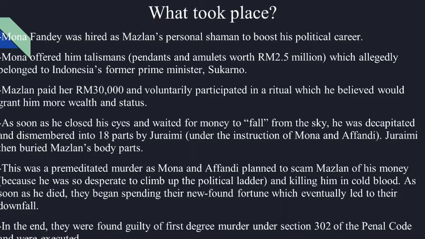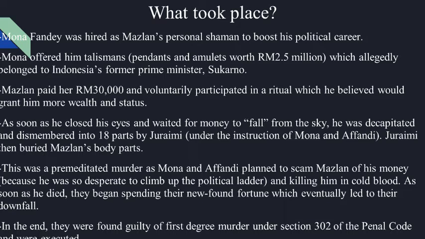Mono offered him talismans, pendants, and amulets worth $2.5 million, which allegedly belonged to Indonesia's former Prime Minister Sukarno. Moslin paid her $30,000 and voluntarily participated in a ritual which he believed would grant him more wealth and status.